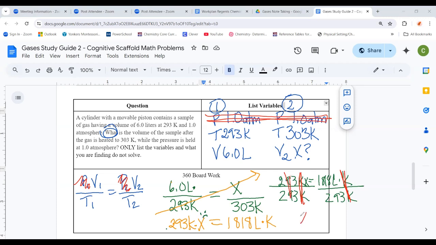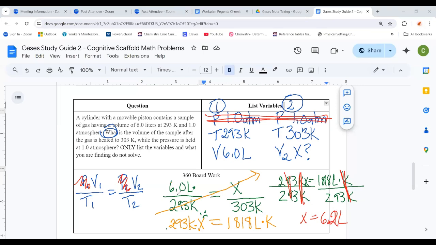So here I have x equals 18 over 293. I think we got like 6.1 liters for this. Is that what everybody got? I'm just going to plug it into the calculator quick. 18 divided by 293. 6.2. All right, it's 6.2. Again, important that you don't round.